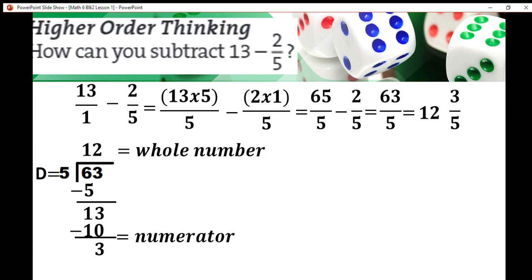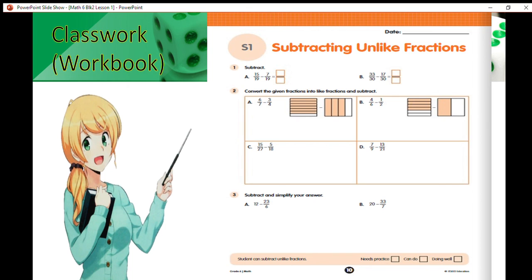So now that you know how to subtract unlike fractions, I want you to answer your workbook on page 10. Seat work number 1, subtracting unlike fractions. In number 1, you need to subtract because they have the same denominator.